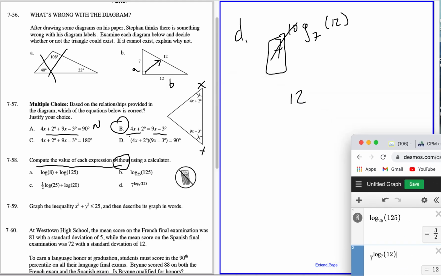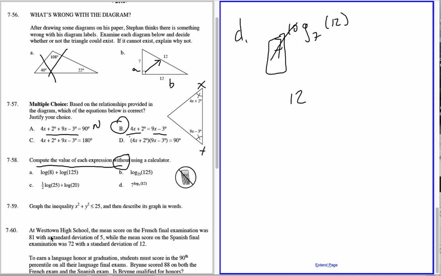If I have log base 7 of 7 to the 12, I think I showed you guys that before. If you have a log with the same base, and you have the same base there to the 12, these two things cancel out. So if you have the same base and you raise it to the log, or you have the log and you raise it to that base, they can cancel each other out.